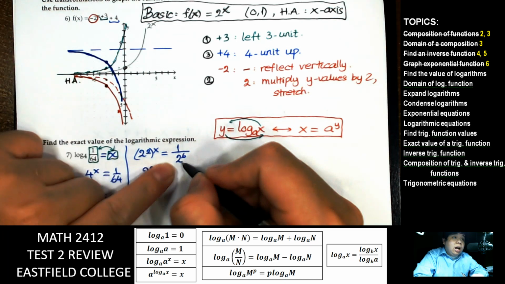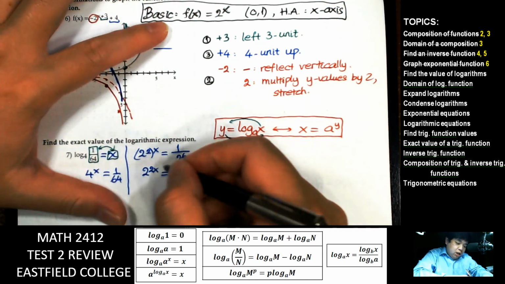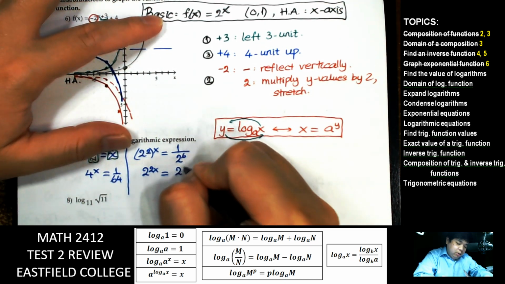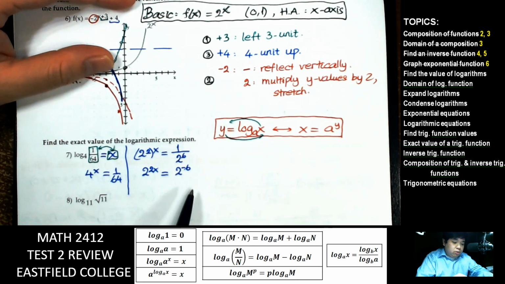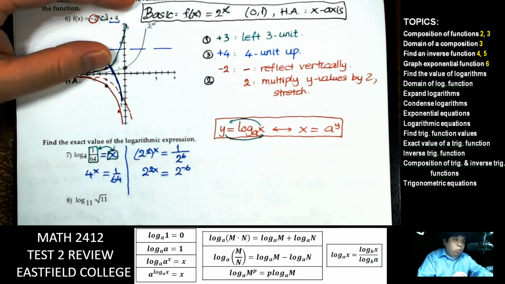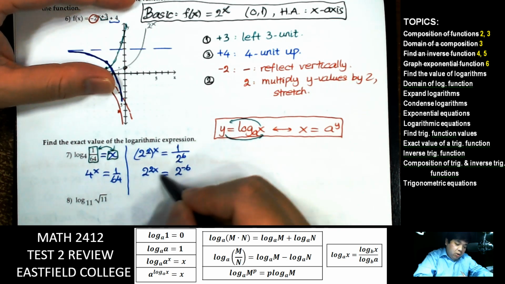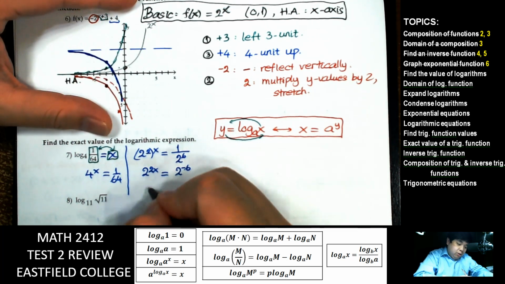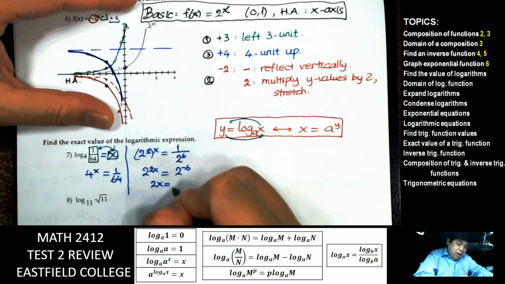And the 64 at the bottom, when you move it to the top, we have 2 to the negative 6. Now, when two things are equal and the bases are equal, then the exponents will be equal. So we have 2x equal to negative 6, so x equal to negative 3.